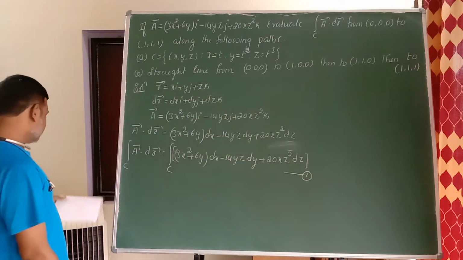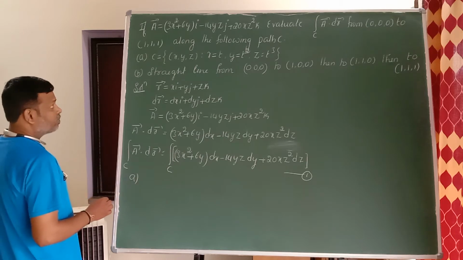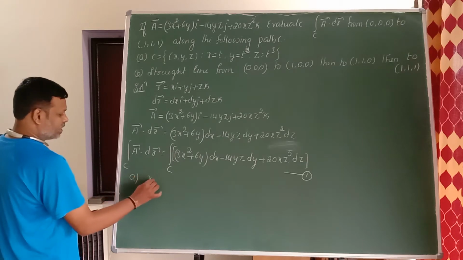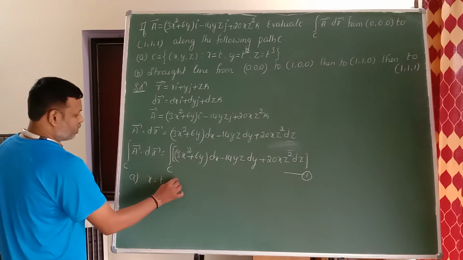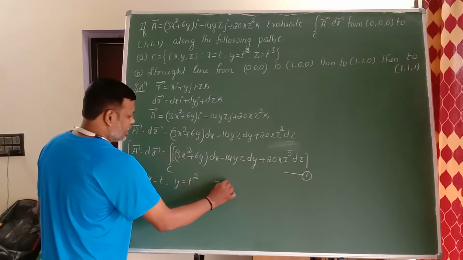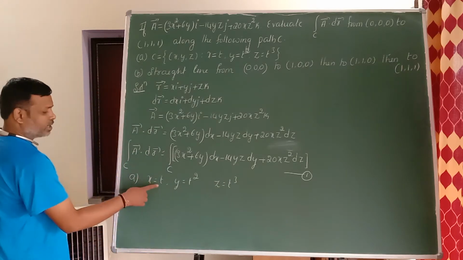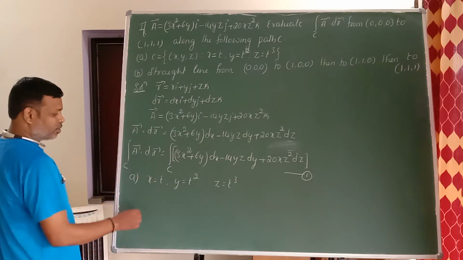Now one by one let us consider the paths. So what is the first problem? They are given that x is equal to t, y is equal to t², and z is equal to t³.